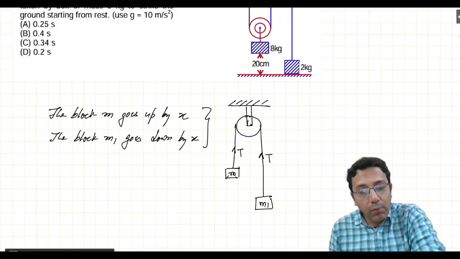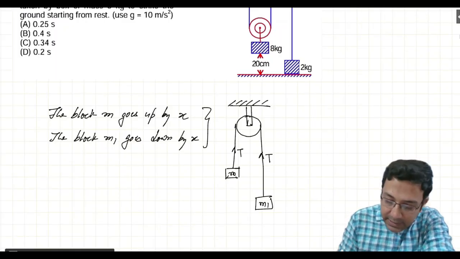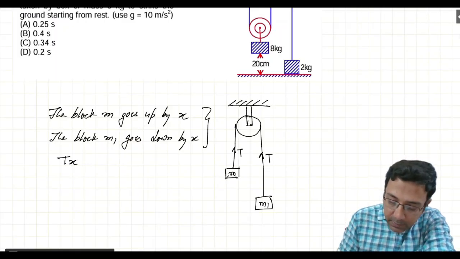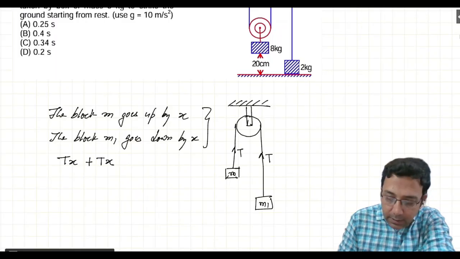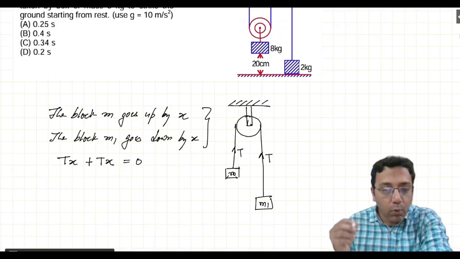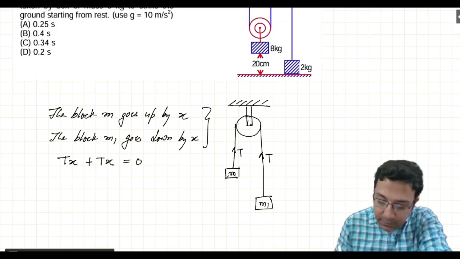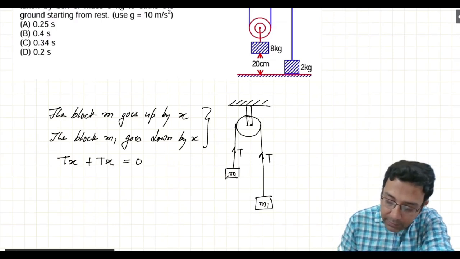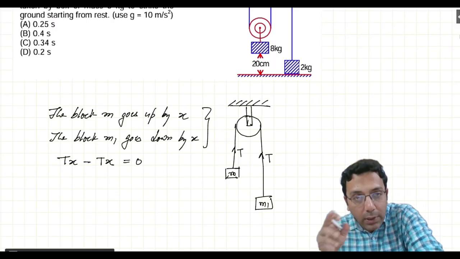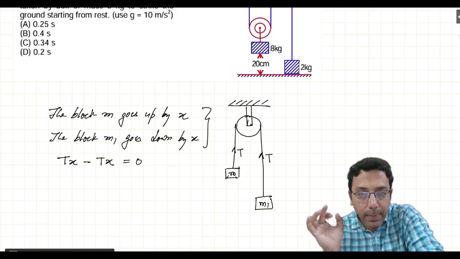So what will be the total work? The total work is T into x plus T into x. Okay, that is 0, because one is going up, this will be minus. If you take the distance, one is going up, one is going down. The total work done in the system is 0.